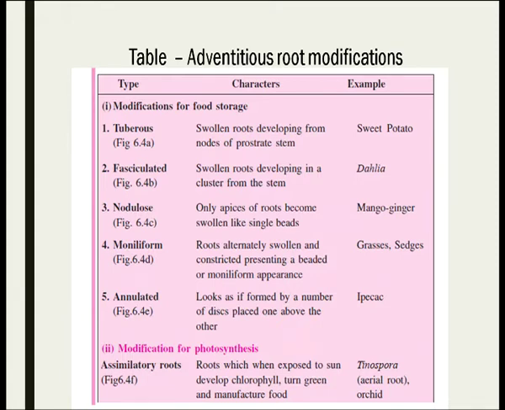So tuberous root is as in sweet potato, and fasciculated root as in dahlia, and nodulose root as in mango and ginger, moniliform roots as in grasses, and annulated root as in ipecac.